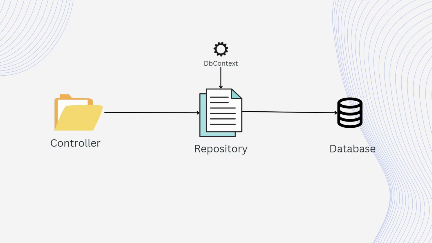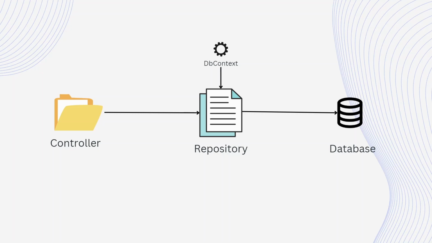Whether it's a SQL Server database or a MongoDB database, it has no idea about it. Controller is just using the interface method exposed by the interface repository, and the implementation is hidden behind the implementation repository. Using that, you can switch the logic and the data stores behind the implementation repository.